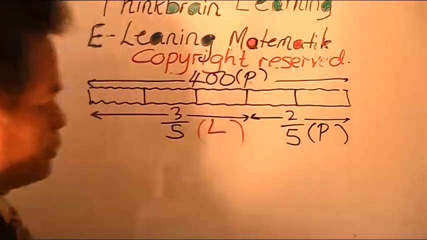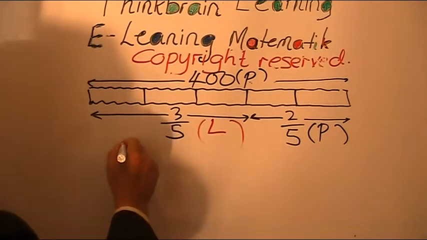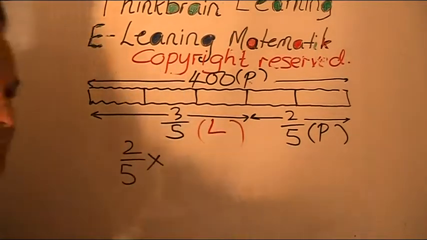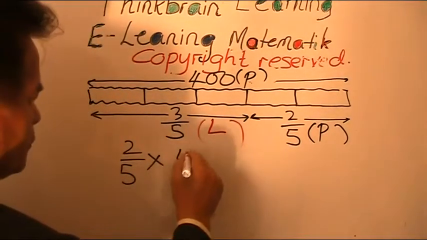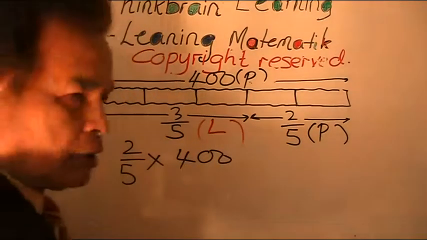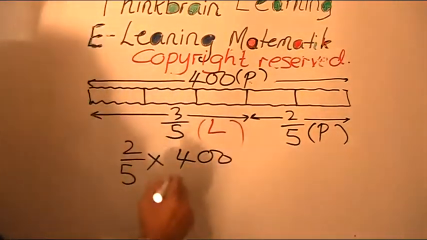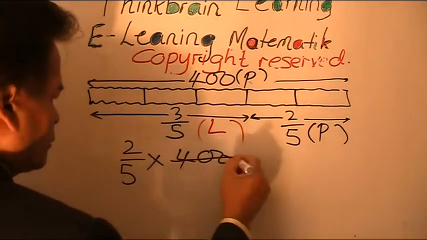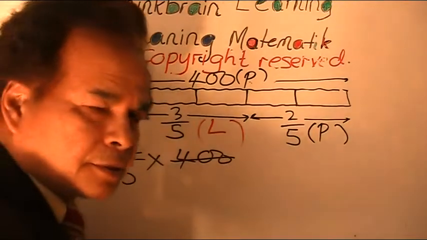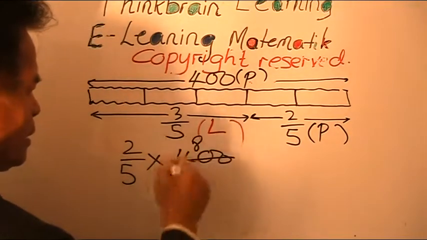So what you do is you take 2/5 multiplied by what? 400. Right, 400. So like just now I told you how to divide by simple calculation, short calculation. 40 divided by 5, what do you get? 8, then 0.